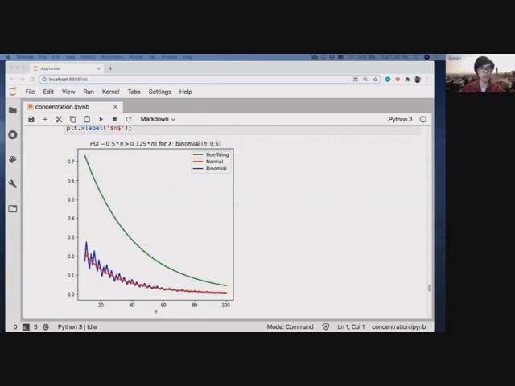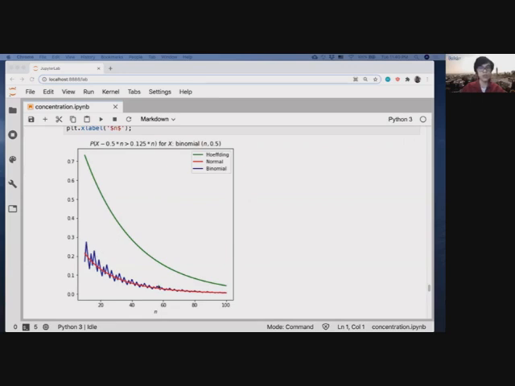The reason you see this jagged behavior is that the binomial distribution is a discrete distribution. As I increase n, sometimes I include some values of k, and other times I don't include other values of k, and that's why it's jumpy. The blue jumpy curve is the exact tail probability.